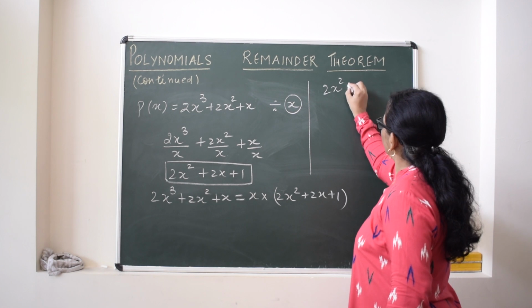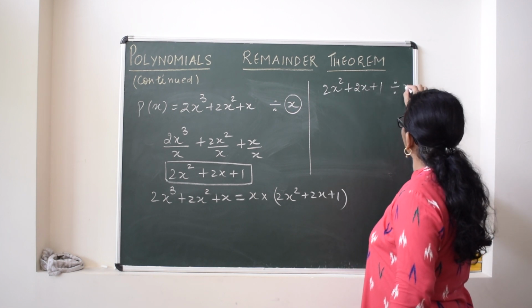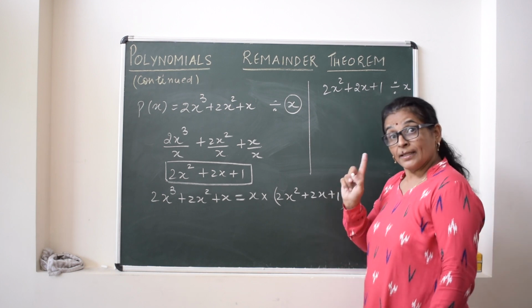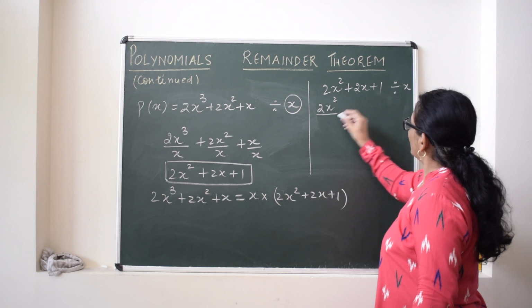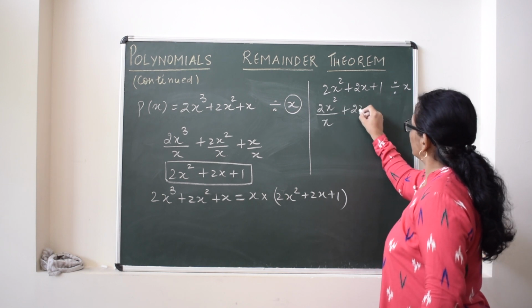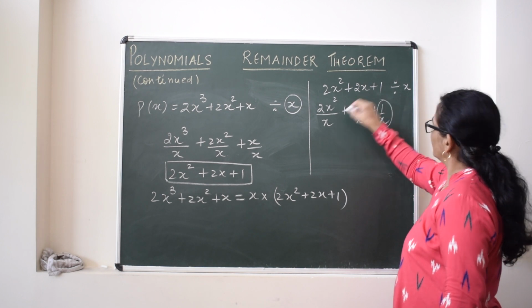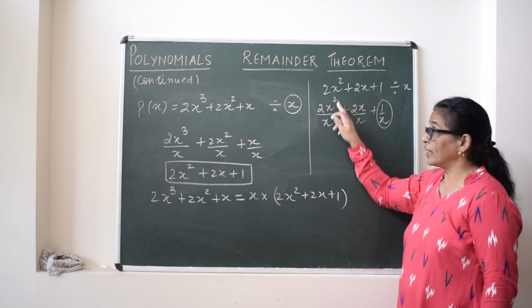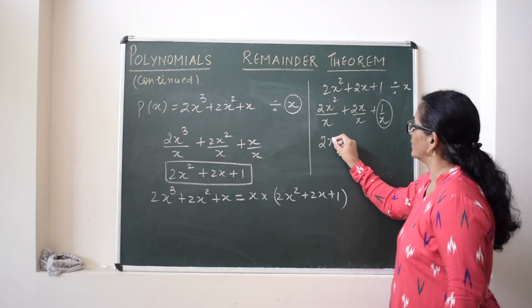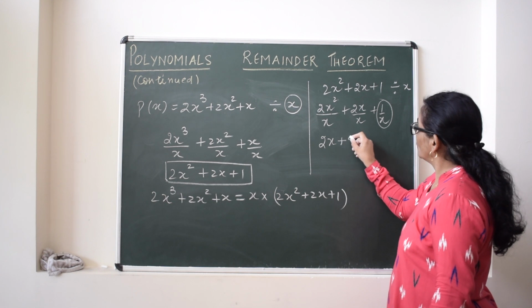Let's see, 2x squared plus 2x plus 1 is divided by x. Then again each term will be divided by the divisor. So this is 2x squared by x, which gives us 2x, 2x by x gives 2, plus 1 upon x.